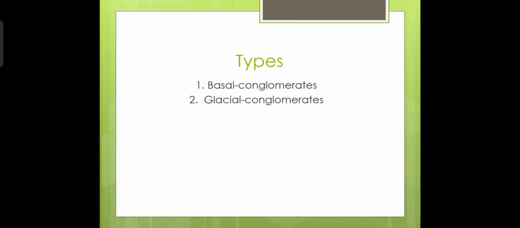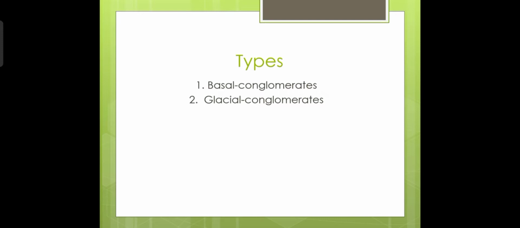Number 2, glacial conglomerates. A glacial conglomerate carries a lot of coarse grained material, and many glacier deposits are conglomeratic.